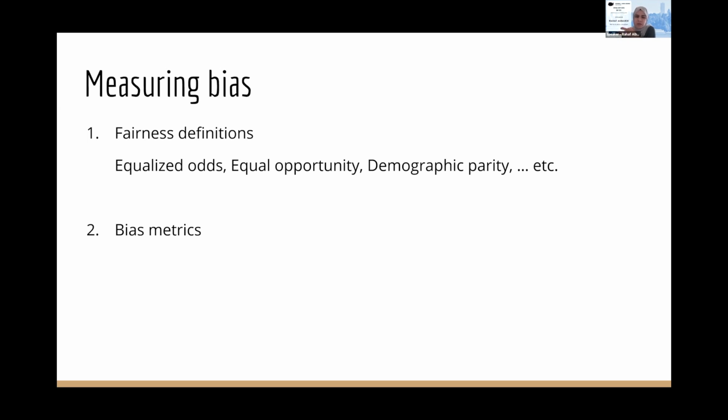I mean, we have more than 20 definitions of fairness, and we can't satisfy more than two together. So I don't believe that defining fairness is the way we need to start to solve bias. I think that we need to start building bias metrics. And this is something that we're actually doing right now at the IEEE group.